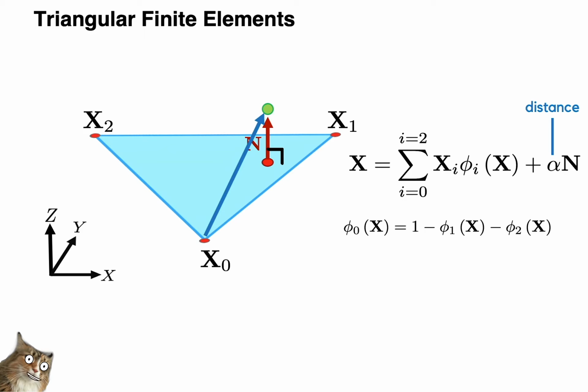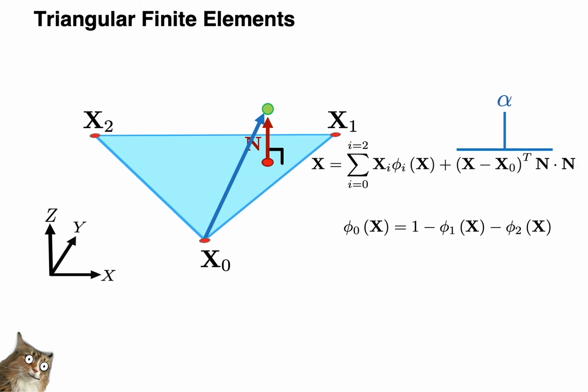If we reconstruct the vector capital X minus capital X sub 0, we can see that our alpha is the length of its component orthogonal, normal, to the triangle. We can compute this length by projecting capital X minus capital X sub 0 back onto the normal, which we can do using the graphicist's favorite operation, the dot product.